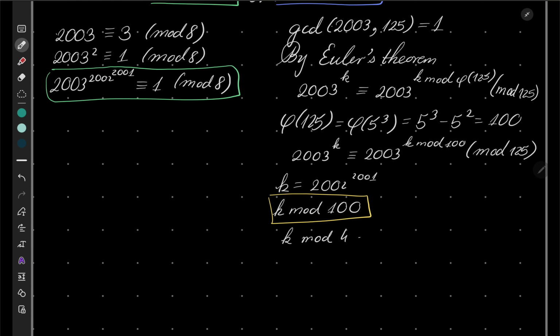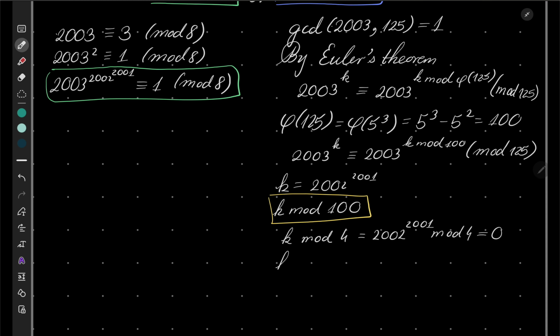K modulo 4: 2002 to the power 2001 modulo 4 is clearly 0, because 2002 is congruent to 2 modulo 4, and 2 to any power greater than 1 is congruent to 0 modulo 4. In other words, 4 divides this number.